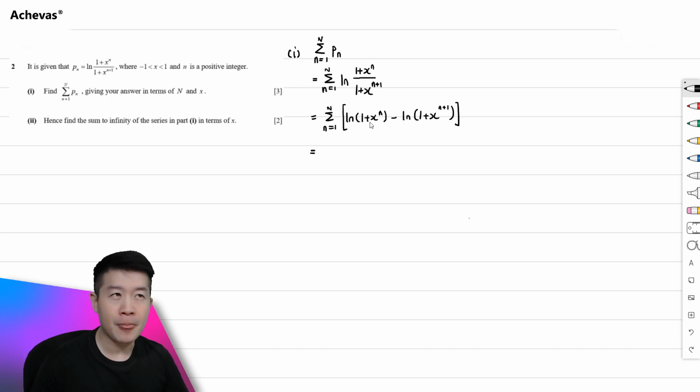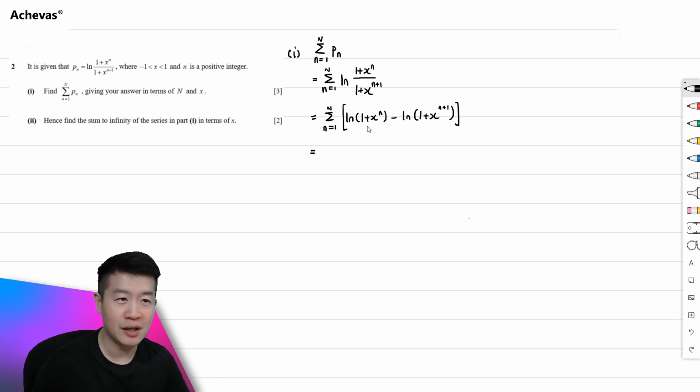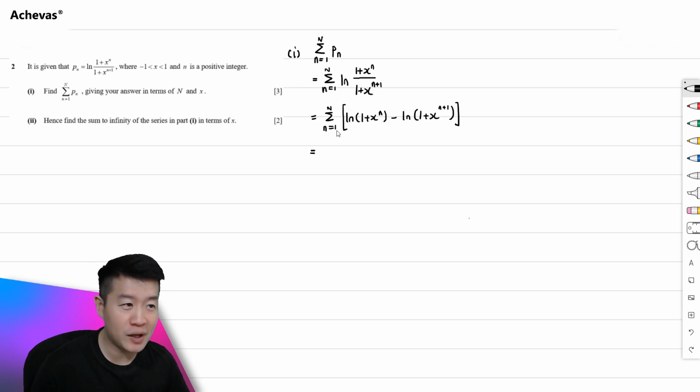In case you are someone who may get distracted by x, let's remember x is not going to be affected by n. So within this summation notation, we are seeing it as if it is a constant. n is the one that is changing.